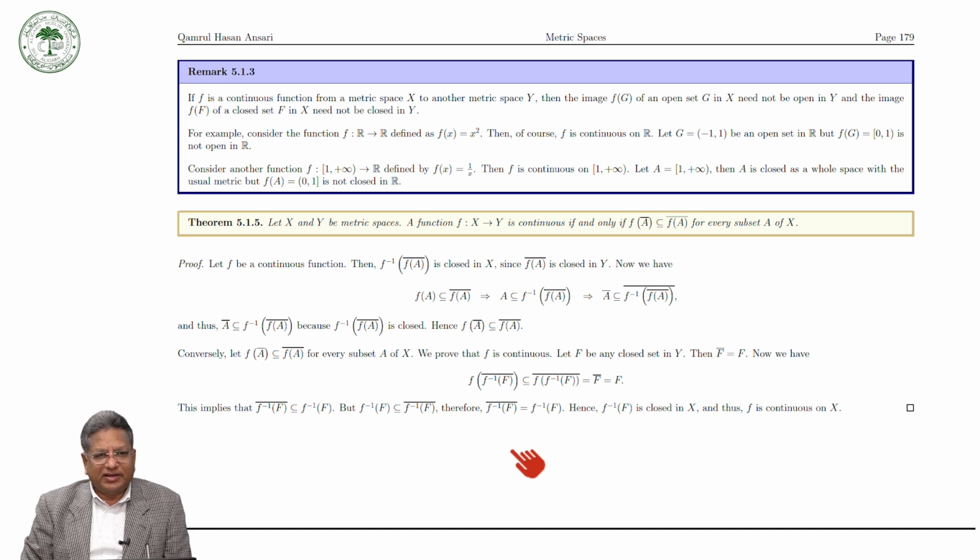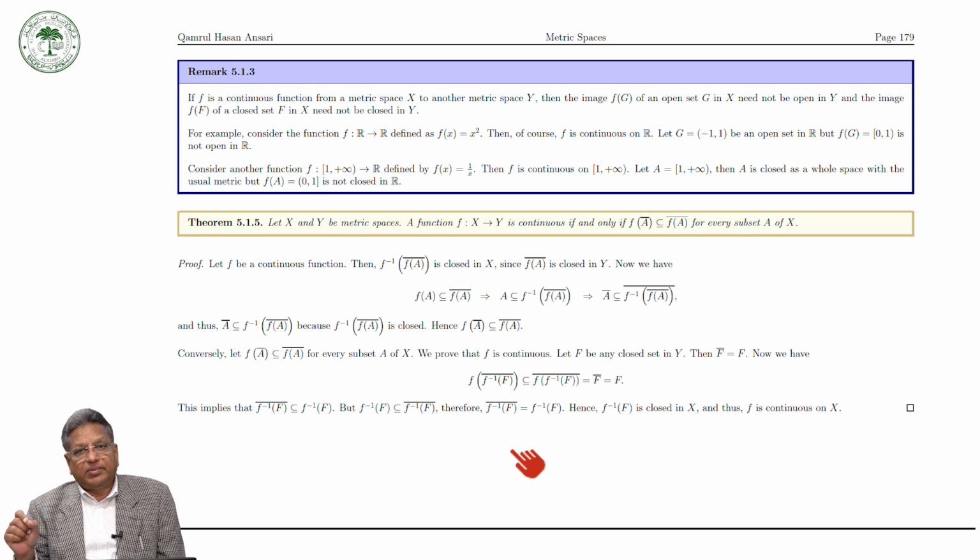Similarly, the function f is continuous if and only if the inverse image of a closed set is closed, but we cannot say that the function f is continuous if and only if the image of a closed set is closed.